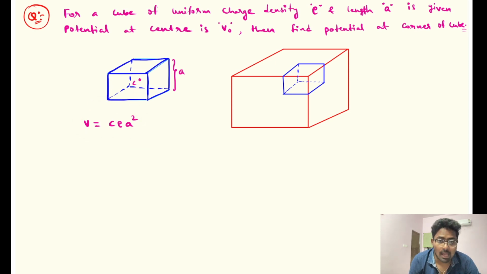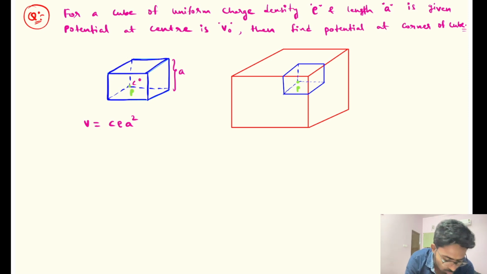But now our task is to find the potential at the corner. Any corner, all the corners will be symmetrical with respect to this one. So let's say I want to find the potential at this corner, and I call this point P. Already I know the potential at the center, and I need to find the potential at the corner.